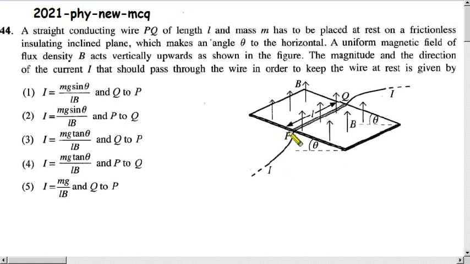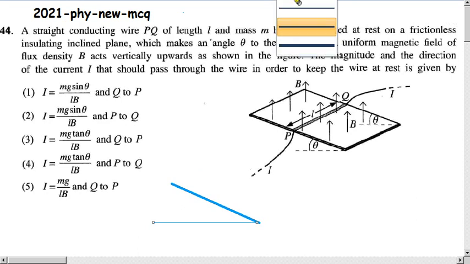This one is a 3D diagram. So if we watch it from this side, the side view is like this. This one is the horizontal line.